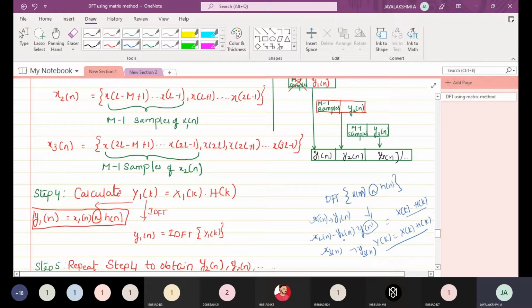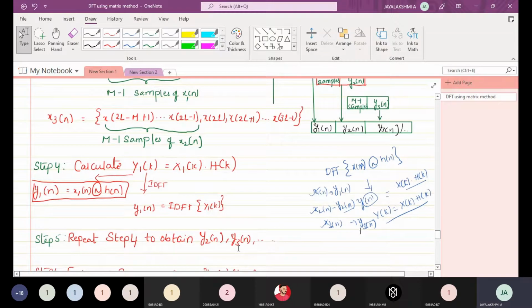These are obtained from y1 of k, which is the multiplication of x1 of k and h of k. Instead of multiplication, you can use the circular convolution between x1 of n and h of n to get y1 of n. By applying the inverse discrete Fourier transform on y1 of k, you will get y1 of n. The same procedure is repeated to obtain y2 of n and y3 of n.